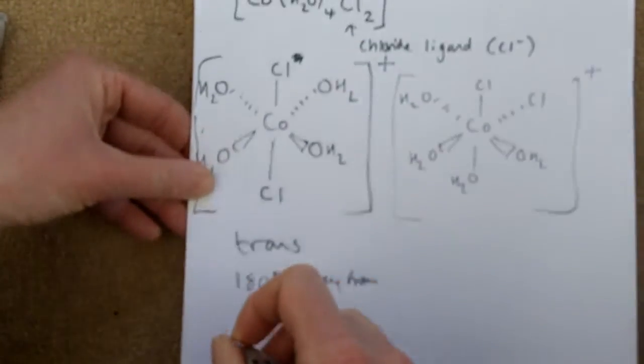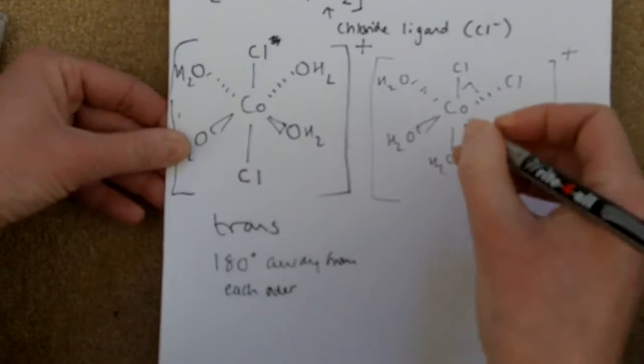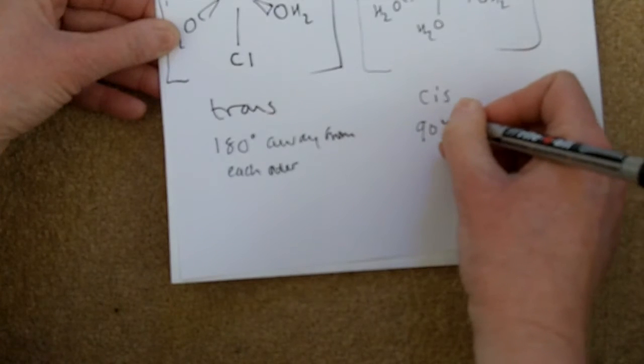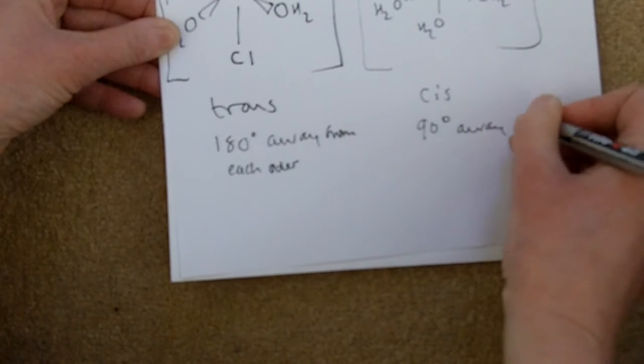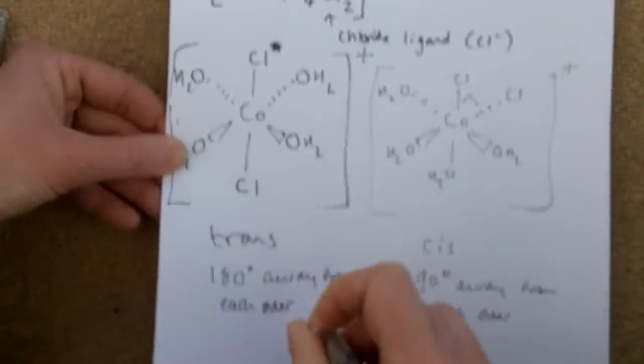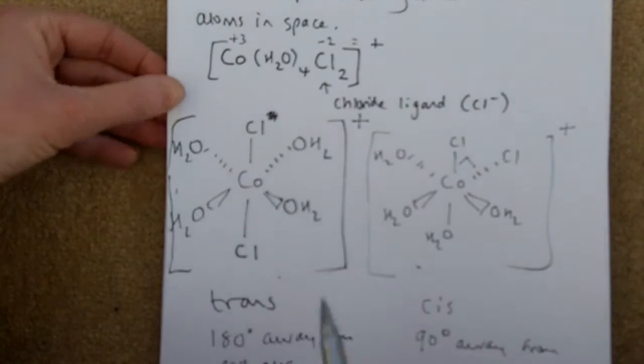It's a stereoisomer. This is called the cis stereoisomer because the chloride ligands are 90 degrees away from each other. And these are stereoisomers of each other, the trans and the cis.